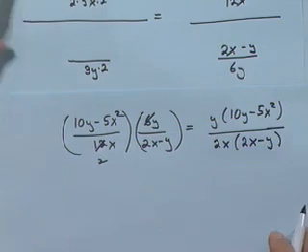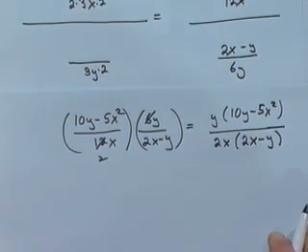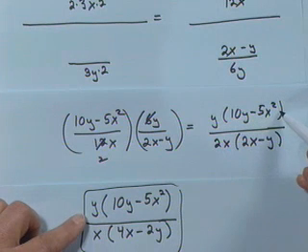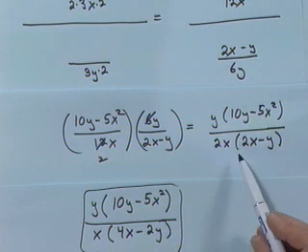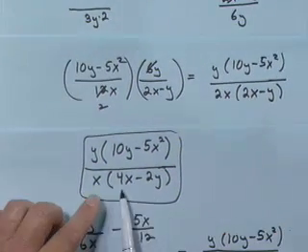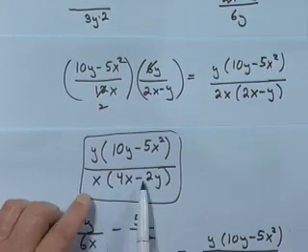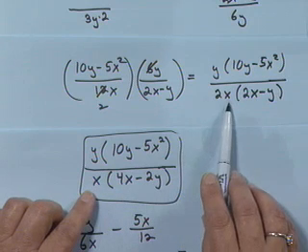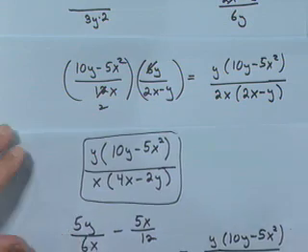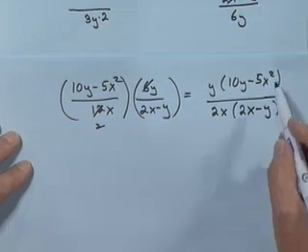Is this what we had earlier in the result that we had earlier? Notice that when we had earlier, we had y times 10y minus 5x squared. For the denominator, I could have factored out a 2x from the denominator, and I could have factored out another 2 here, so we could have had a 2x times 2x minus y. So we do end up with the same result.